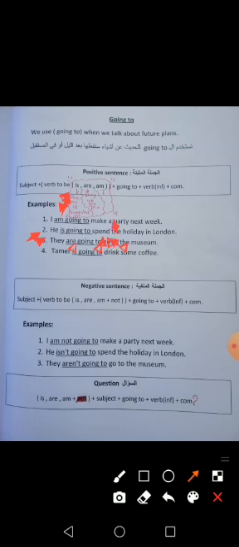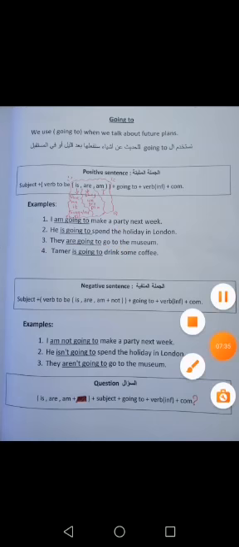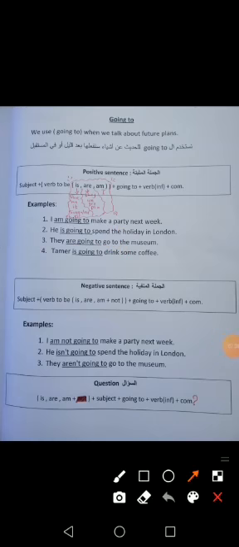Here we have make and here we have spend. Spend يمضي أو يقضي the holiday in London. Infinitive: we don't add s, we don't add ing, we don't add anything. So he is going to spend the holiday in London. We use is because the subject is he, then going to and verb infinitive.